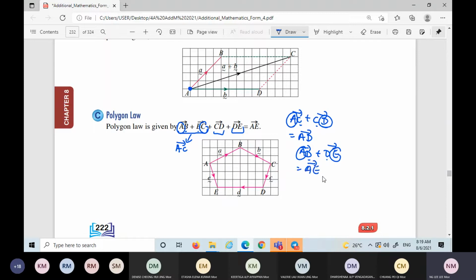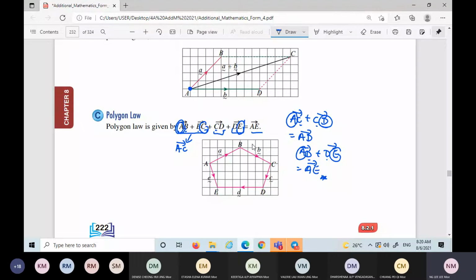So this will be the final answer for the resultant vector if you combine AB, BC, CD, DE. One shot you also can do: just check B and B the same, C and C the same, D and D the same. So your resultant vector will be AE, the starting point of the first vector and the ending point of the last vector.